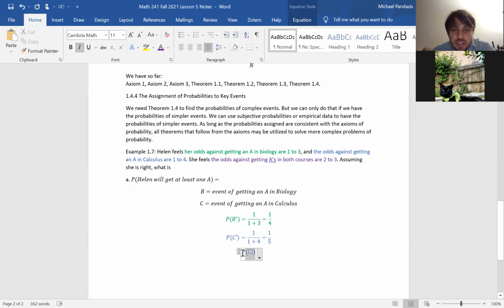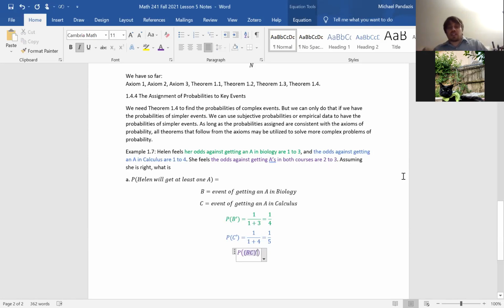This is saying that the probability of this event, against getting A's in both courses, means she does not get an A in both. So getting an A in both would be B and C, because that would be an A in biology and an A in calculus. But against getting an A in both courses means the complement of that event.